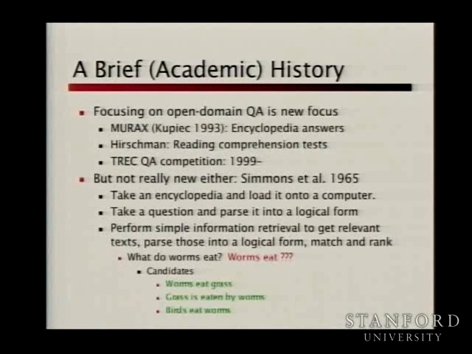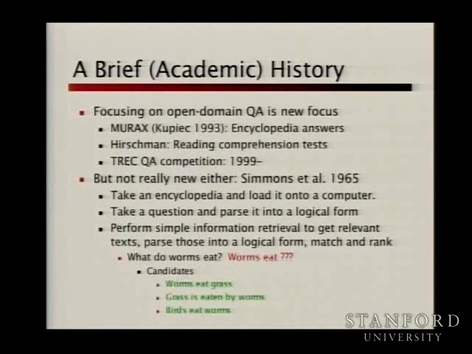And so in modern times, I think a very influential bit of work was one done by Julian Kupiec in 1993 when he built a system, Murex, which took the text of an encyclopedia, and the aim was to then be able to answer questions posed over that encyclopedia. And then Nanette Hirschman did work on reading comprehension of the kind that you might remember from high school, which is the same kind of getting information from arbitrary documents.